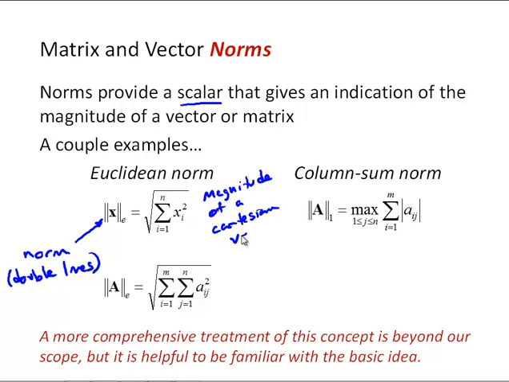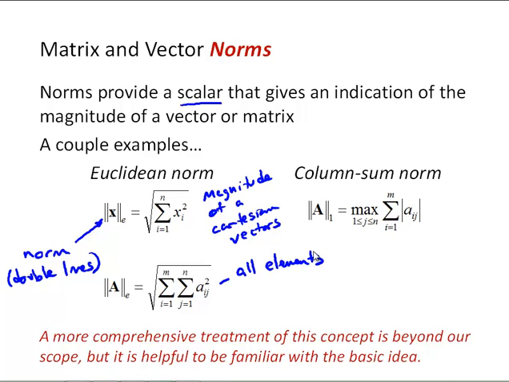You've covered Cartesian vectors in, say, statics or physics. Again, this is the square root of the sum of the squares of the individual elements. We can expand that idea for a matrix, which is just the square root of the sum of the squares for all elements. So we take all of the elements of the matrix, square each one, sum them up, and take the square root. And that gives us the Euclidean norm for a matrix.